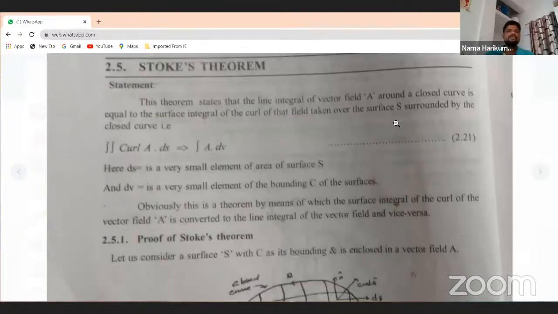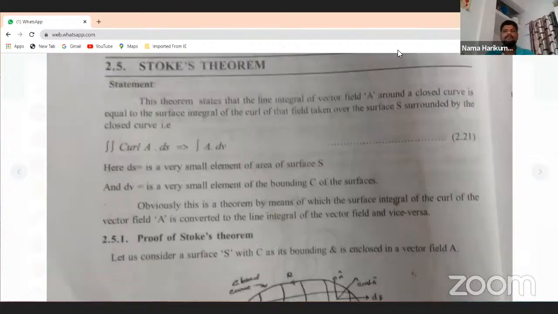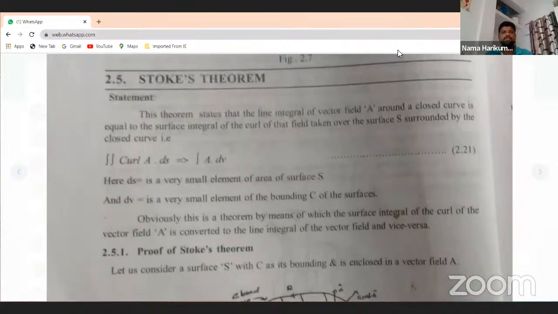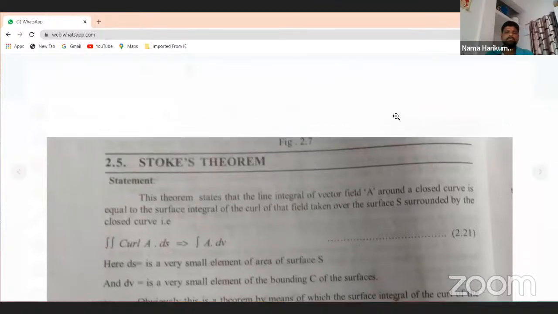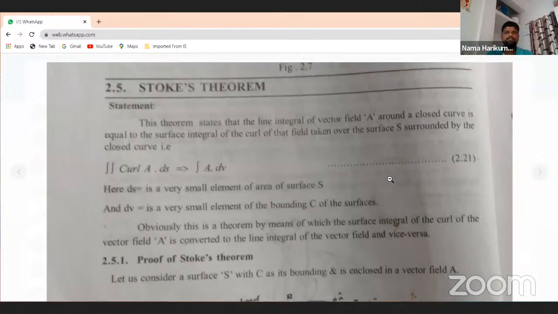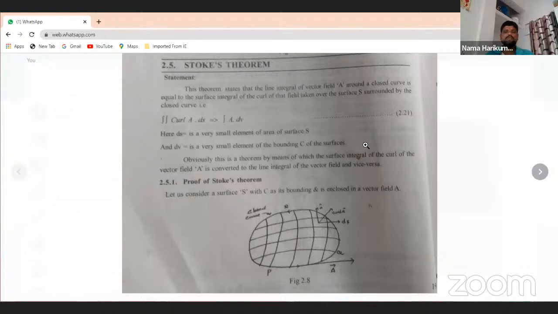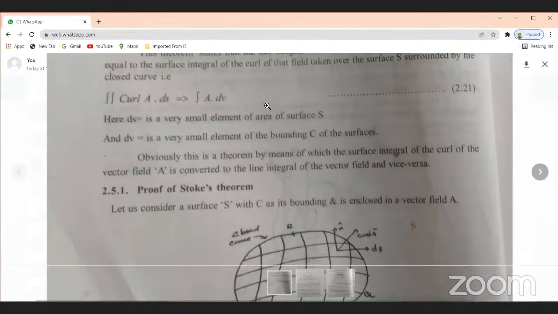So now we have to discuss the Stokes theorem. Right, now this is Stokes theorem.